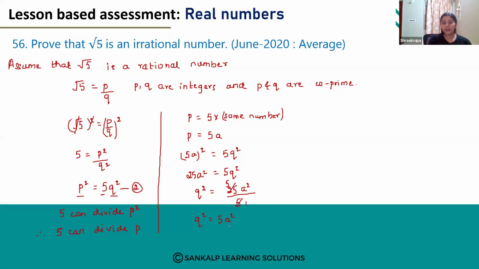So both 5 and A square are factors of Q square. So 5 can divide Q square.